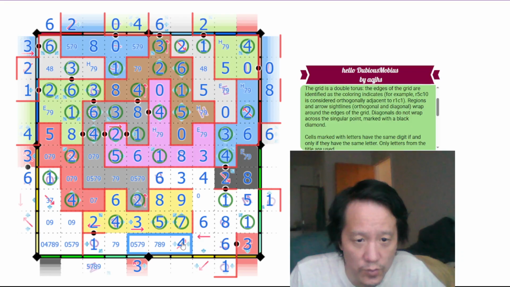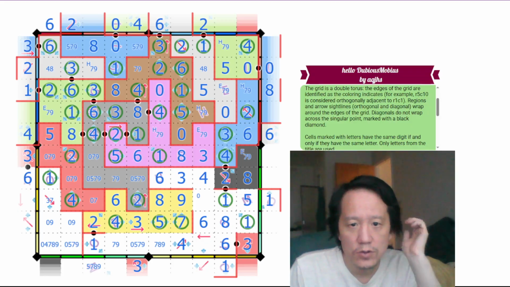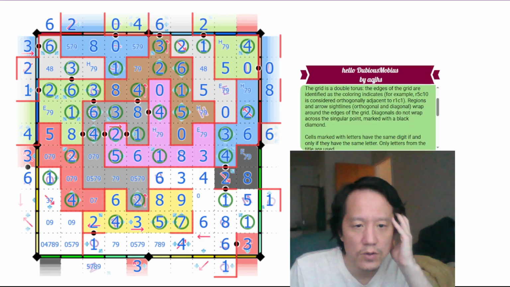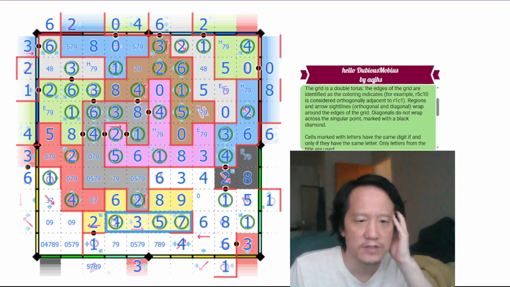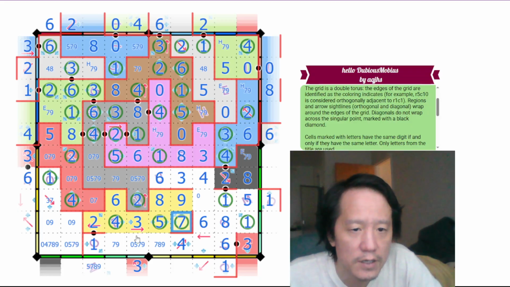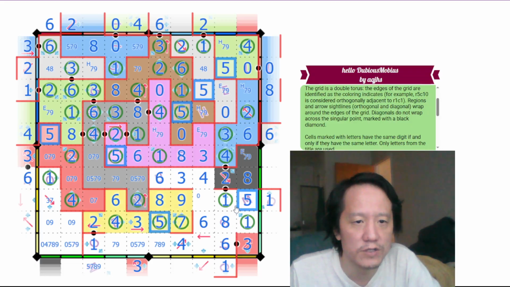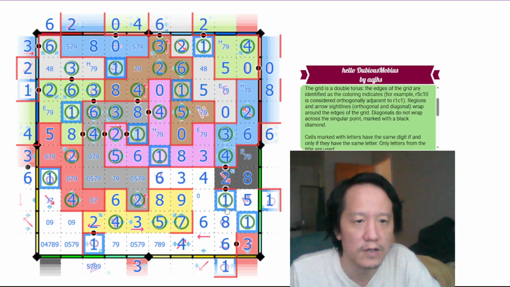This is 4. We don't know which way it goes. So this cannot be yellow, because yellow already has a 4. Yellow needs access to a 1 and a 0, right? 1, 2, 3, 4, 5, 6, 7, 8. Well, all the 1s I think are done, right? We have 1, 2, 3, 4, 5, 6.